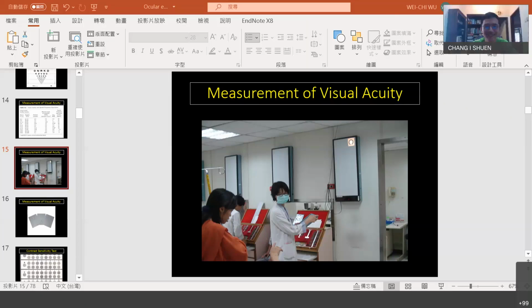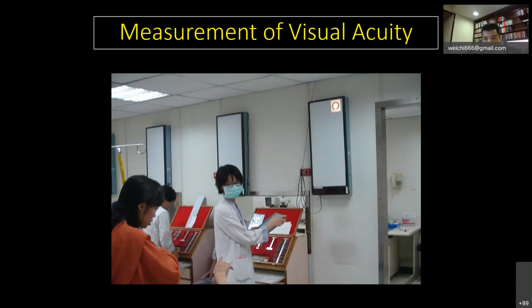That's because some patients are very good at memorizing all of these characters. So if you show them all the characters, they could memorize them, and so actually they do not see the chart with their eyes.